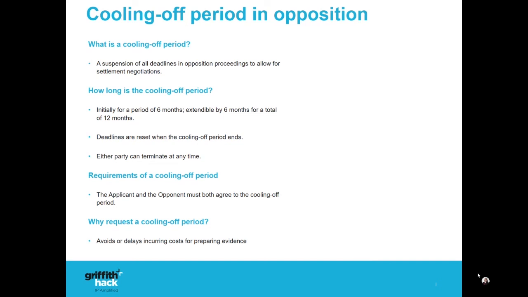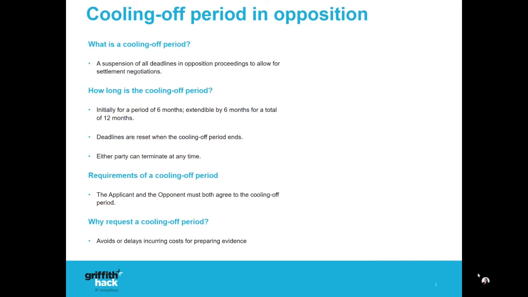So I guess the benefit of the cooling off period is, again, to buy that time, so that you don't need to incur the cost of preparing evidence that can be significant, and certainly more than the cost of negotiating a settlement with the other party.